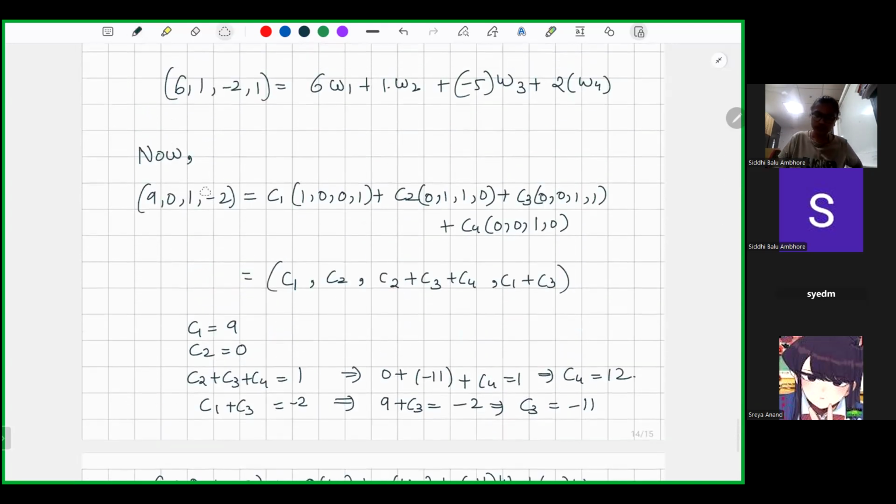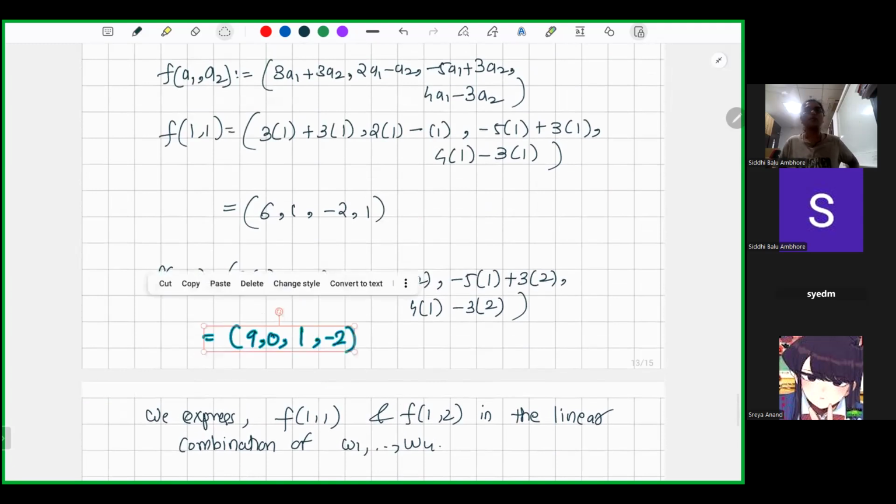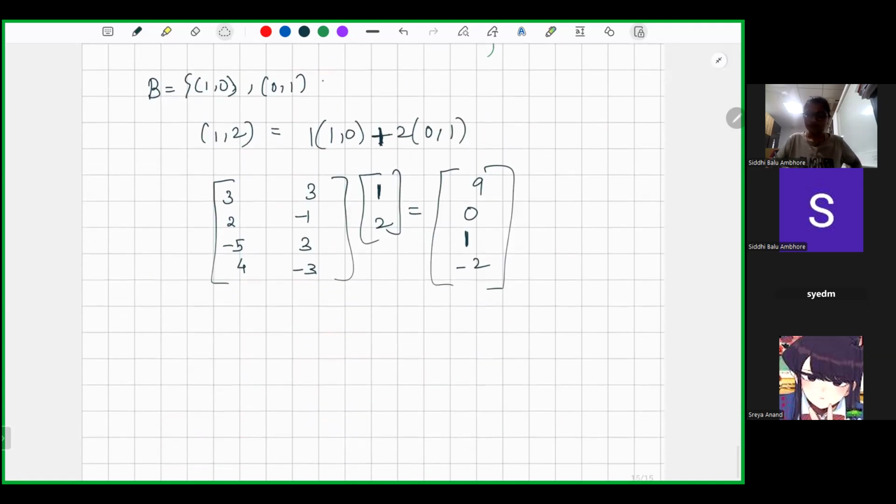This is the image of F12. This is what I got directly. And how I got this directly is because this is in the standard basis. So this is nothing but 9E1 plus 0E2 plus 1E3 plus minus 2E4. That's why I got this directly here. We do not have to do any further calculation to understand this.